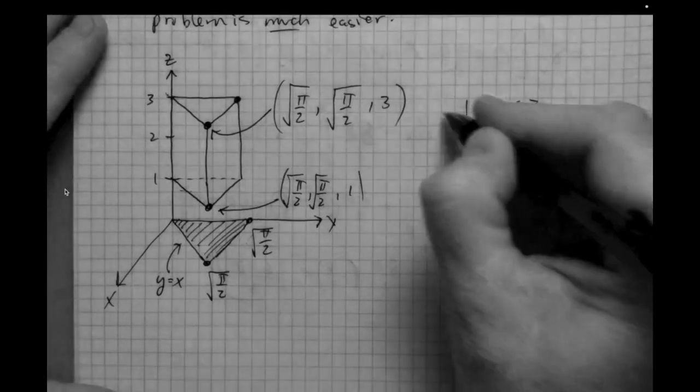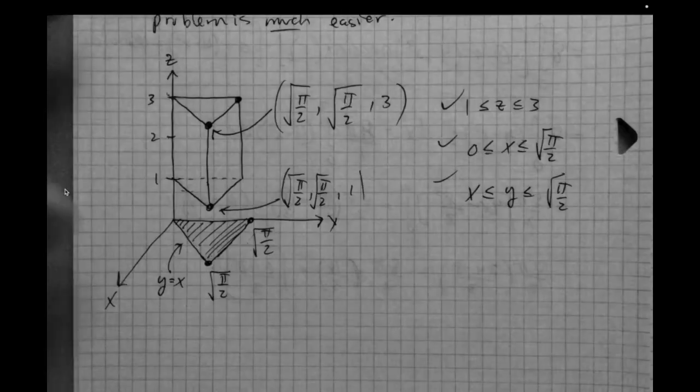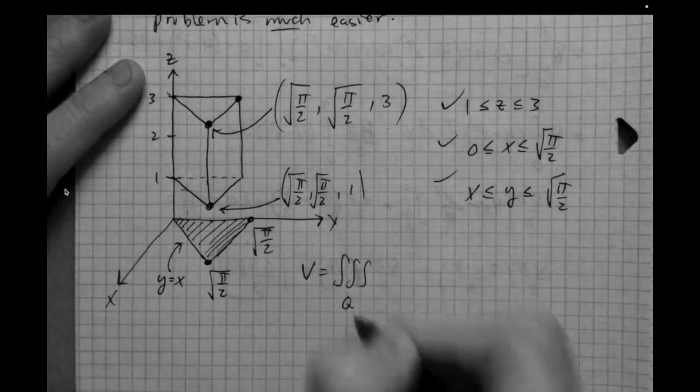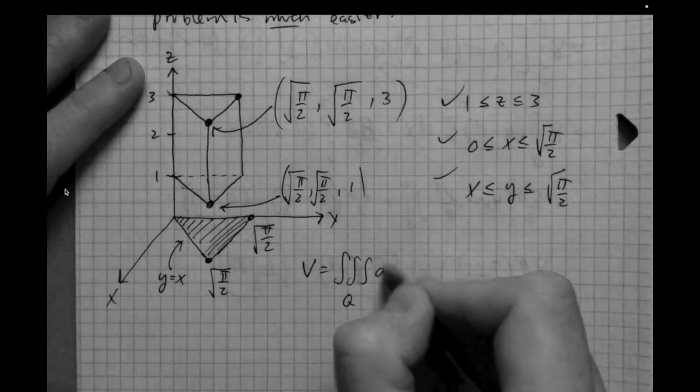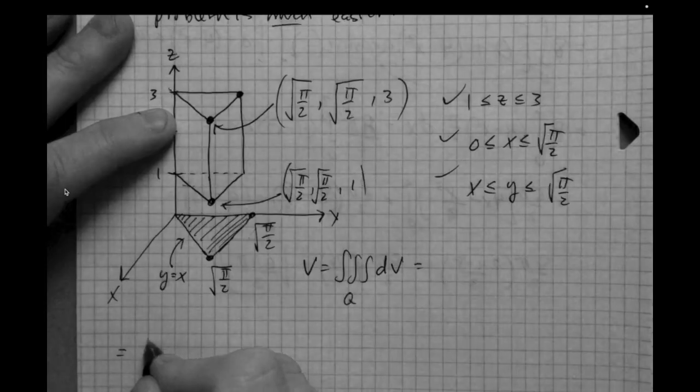Okay, so using these three, we can set up the integral. All right, so let's do that. The triple integral over Q dV will be equal to, I'm just going to write it down here.